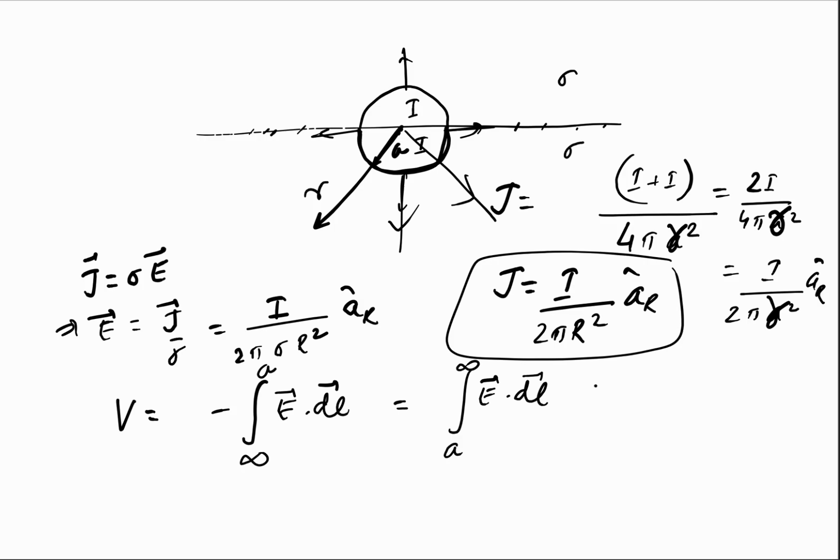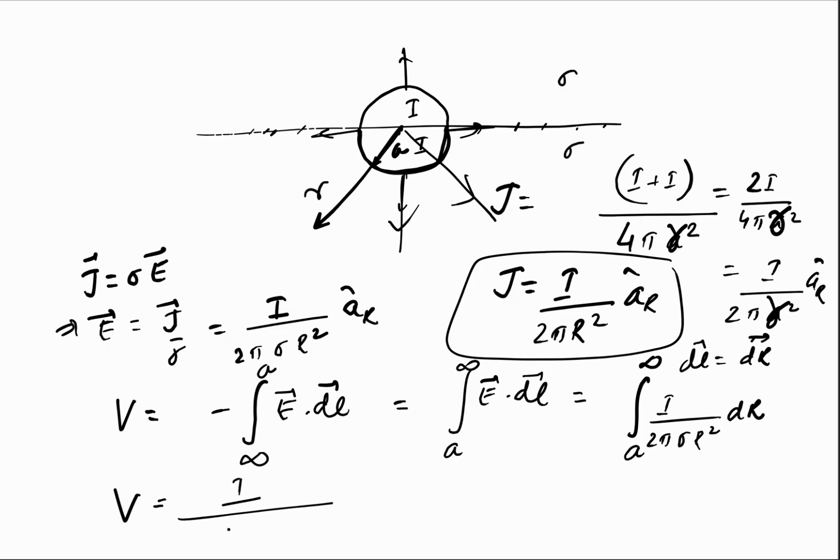So putting the value, now dl is simply dr in the radial direction. So it will come out to be the integral of I by 2 pi sigma r square dr, where r is going to vary from a to infinity. So V is going to be equal to I by 2 pi sigma a. So this will be the potential of the electrode.